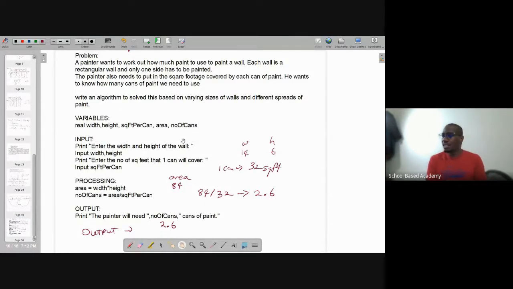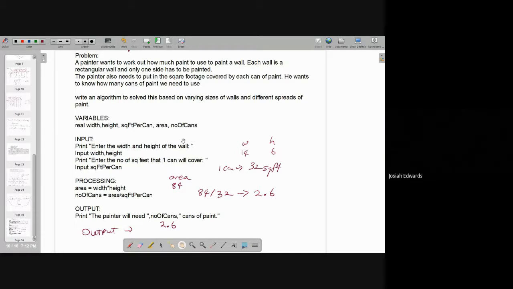Can we say that if the amount of cans needed is a float, then the amount of cans that you need to buy will be the float plus 1.